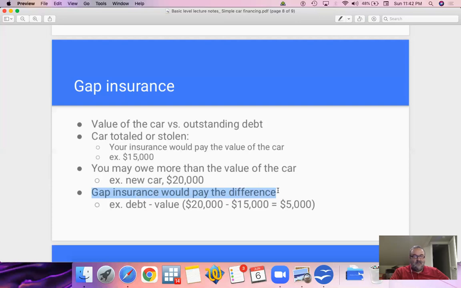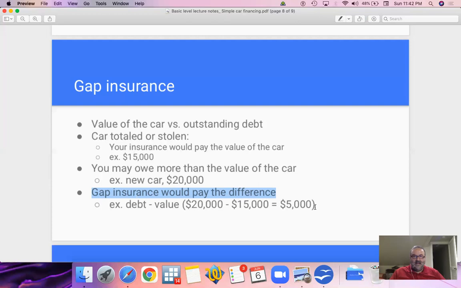A lot of people actually do not realize that if you are buying a car through a loan and anything happens to the car, a lot of people believe that insurance will pay the loan and you'll be off. That's not the case.